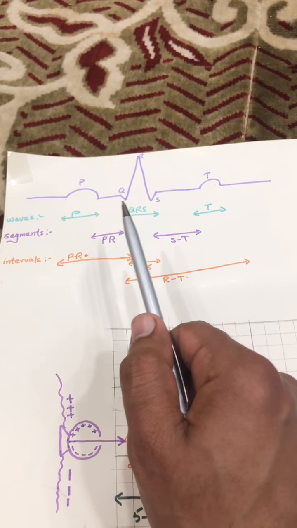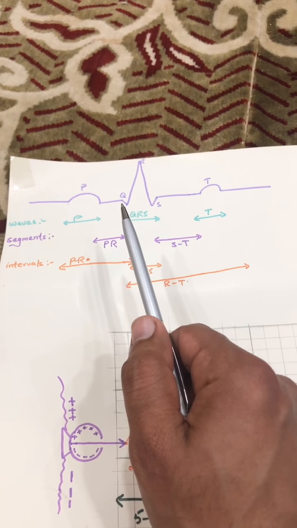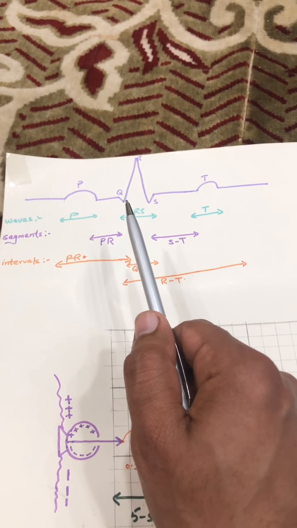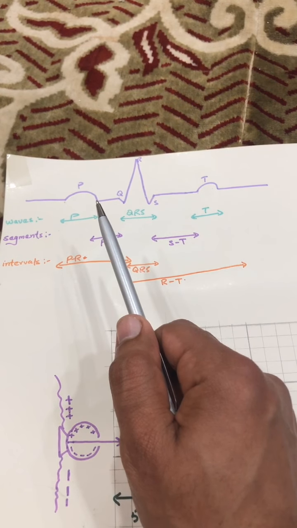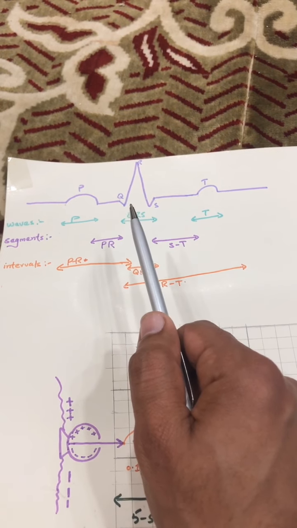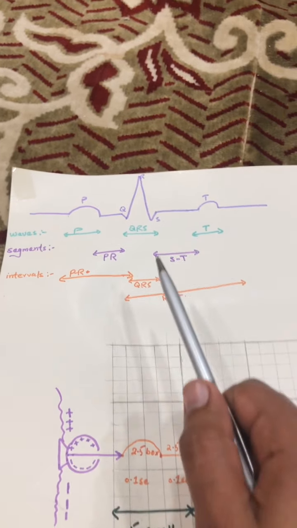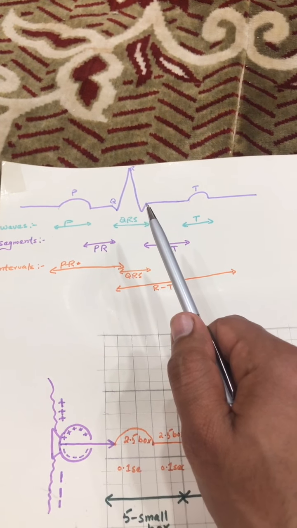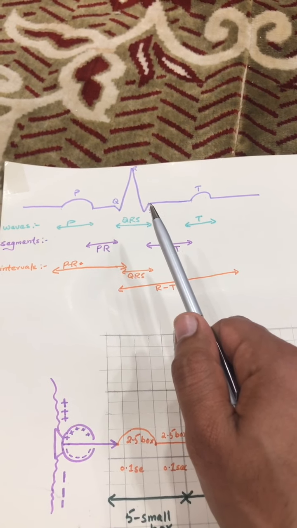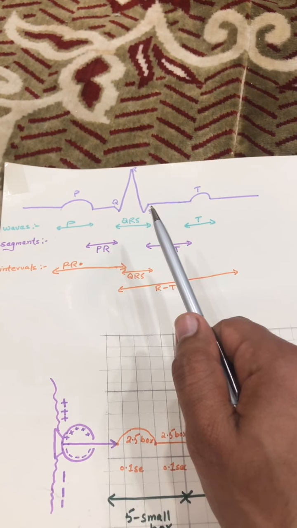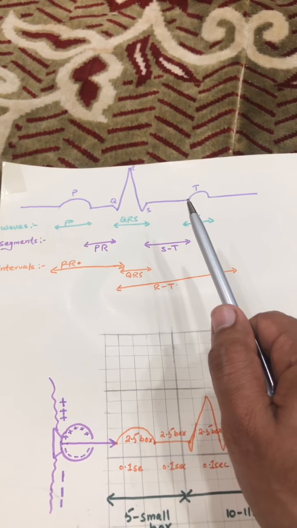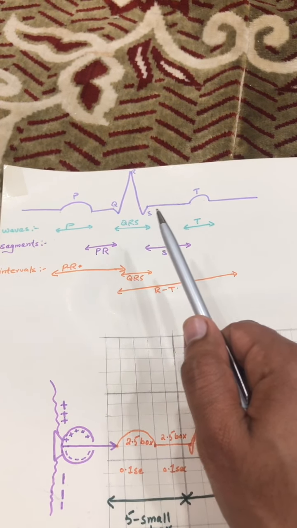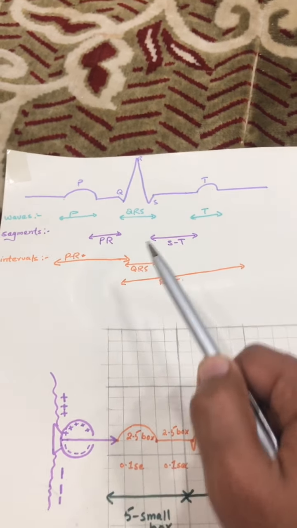Why don't we say PQ segment? It's because most of the leads do not have this Q wave, so we say PR segment. And the next one is the ST segment. It starts from the end of the S wave and goes up to the start of the T wave. Okay, so this is known as the ST segment.